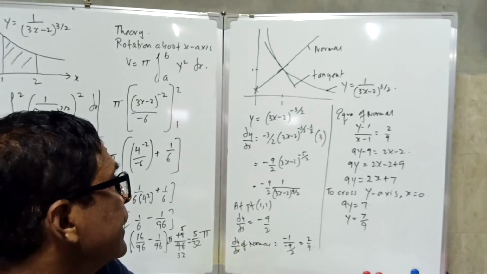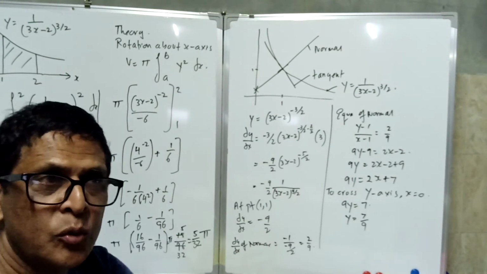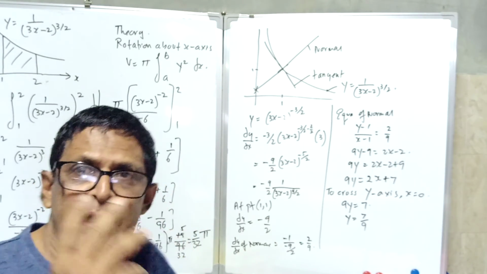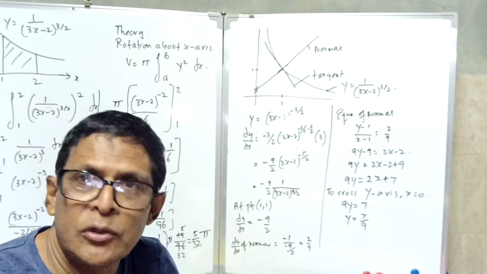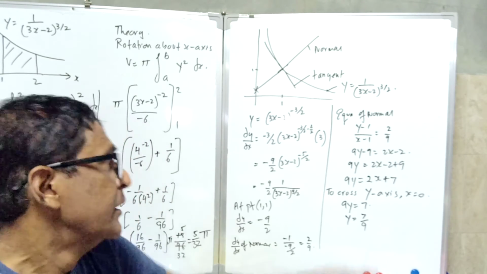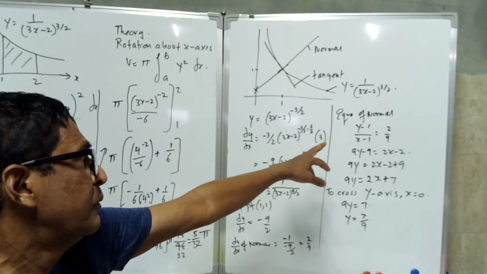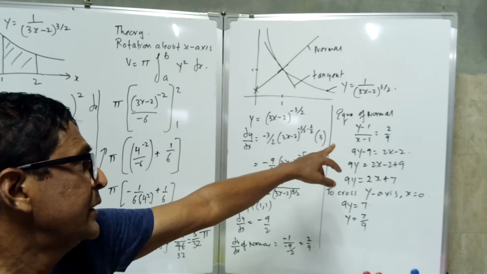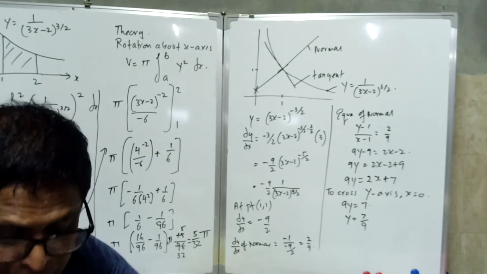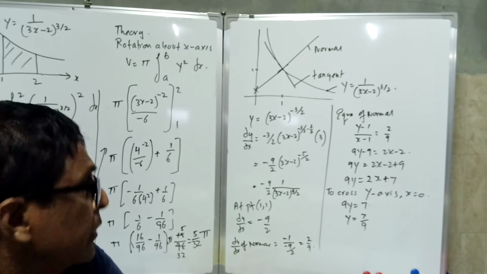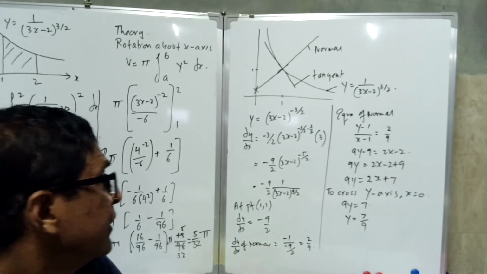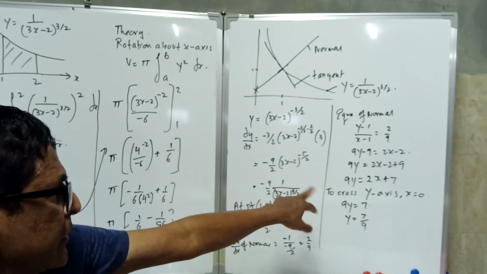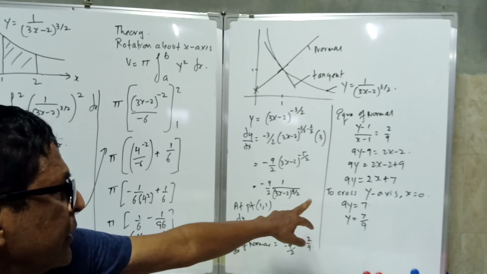Okay? Now the equation of normal is y minus y1 upon x minus x1 is equal to the gradient. So y minus 1 over x minus 1 is equal to 2 upon 9. Then you cross multiply. Then you simplify.